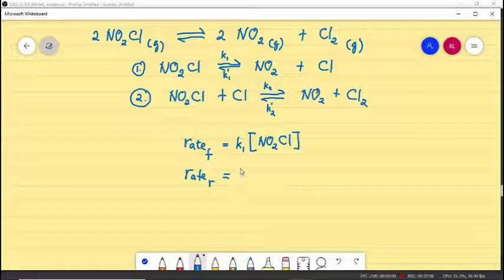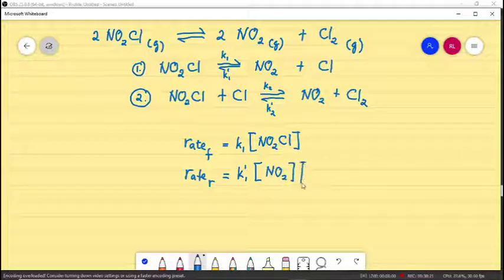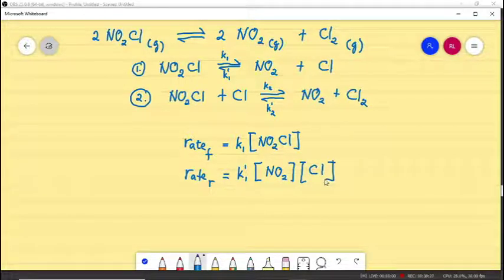So you have K sub 2, sorry, we're using here K prime, not K sub 2, but K prime sub 1 times the concentration of nitrogen dioxide times the concentration of monatomic chlorine.